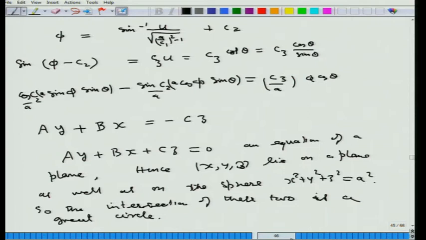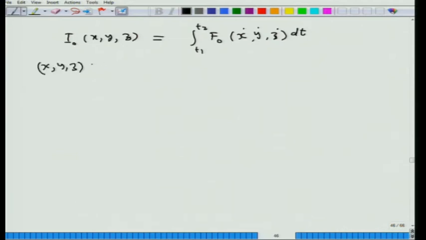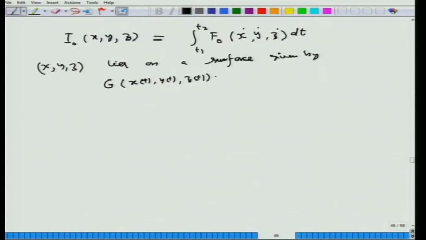Now, let us generalize this, because here we had a very special case, and in general we have a situation like this, that we have some functional I 0 of x y z, from t 1 to t 2, some functional f, the integrand of the functional, is a function of x dot, y dot and z dot only, and these points x y z lie on a surface given by some g of x t, y t, z t equal to 0.